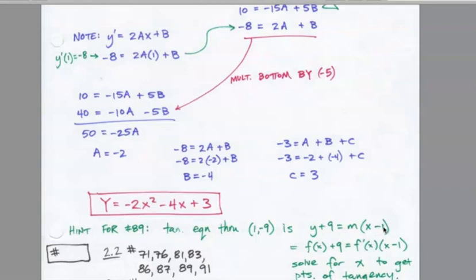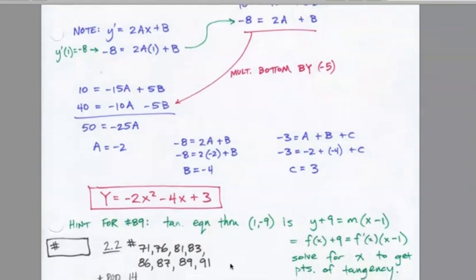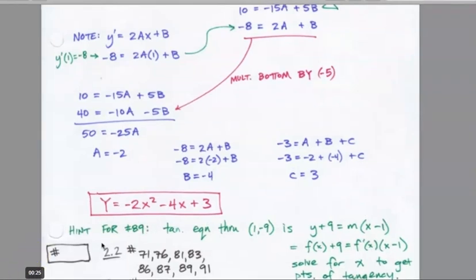So if we do some substitutions in terms of our notation for calculus, y is going to be the function f of x. The slope of that tangent line is going to be the derivative, so we can replace this expression with f prime of x. And now if we put the function in here and its derivative here, and then solve for x, we will get the point of tangency, and that should help save your assignment.